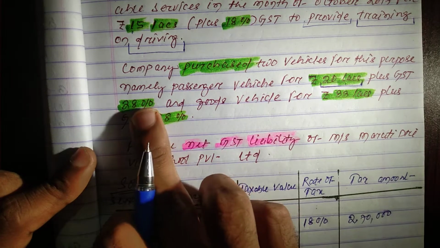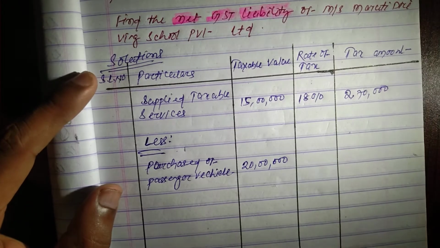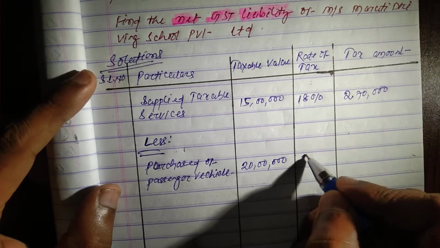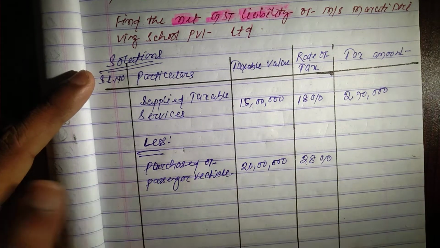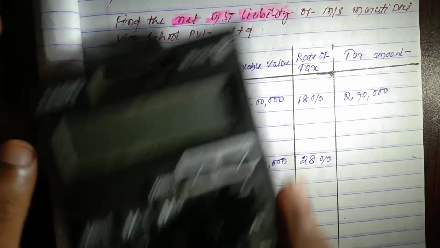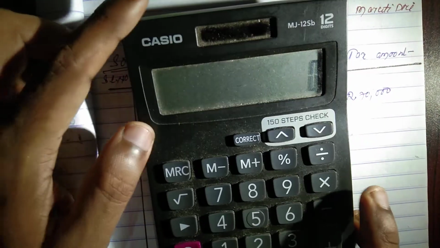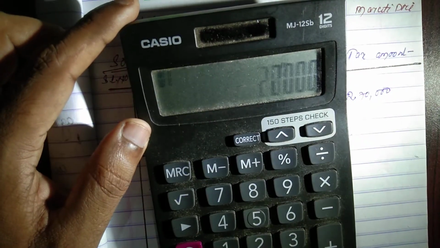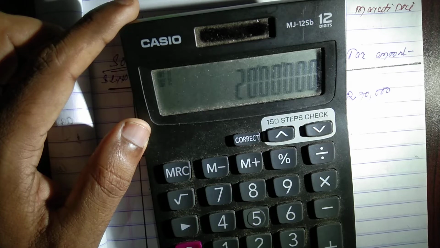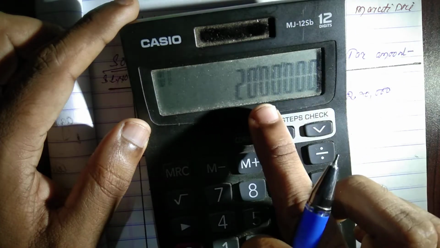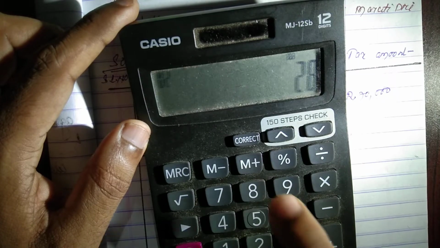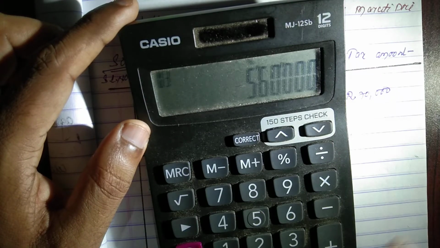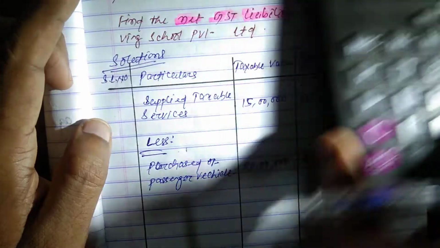And the rate of tax will be 28%. So here rate of tax 28%, and now input tax will be 20 lakh into 28%, it will be 5,60,000.